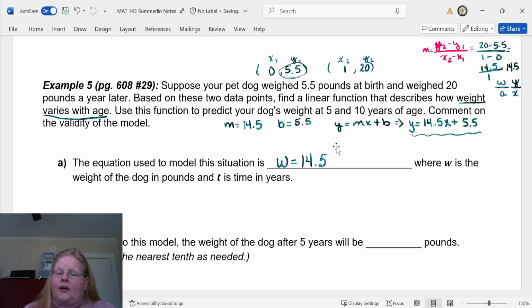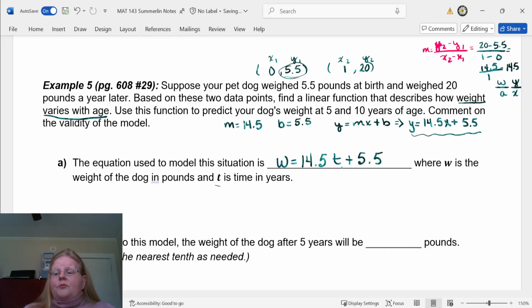And instead of X, we write T plus 5.5. Okay? That part's done. According to this model, the weight of the dog after 5 years will be blank pounds.